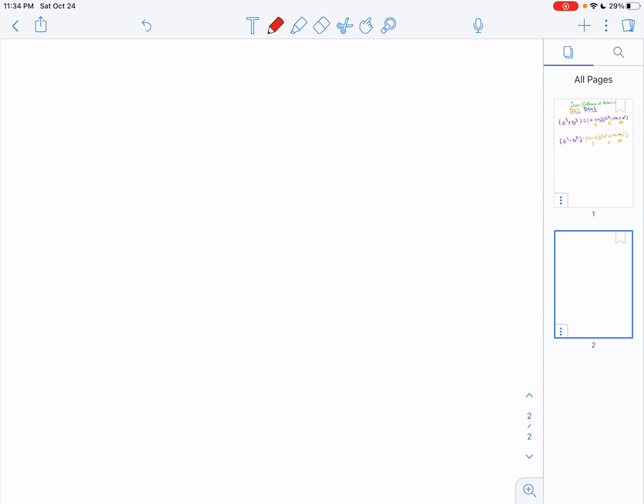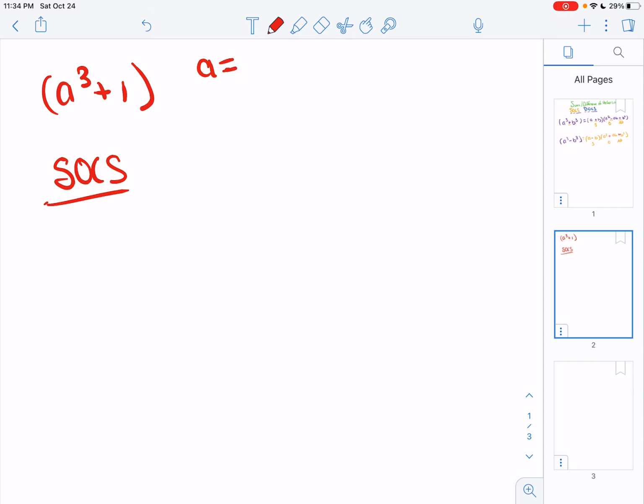So if we get a couple of examples, let's take a look at a cubed plus 1. All right, so the first thing I like to do is identify: is this SOCS or DOCS? This is SOCS. So I have my a value is a, the cubed root of a to the third. My b value is 1, the cubed root of 1. So my formula: a plus b, a squared, ab, b squared.